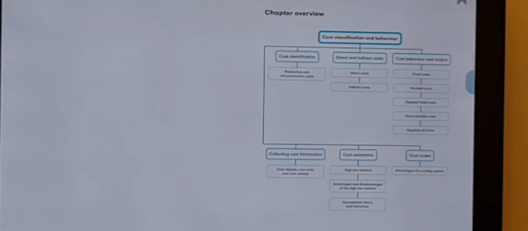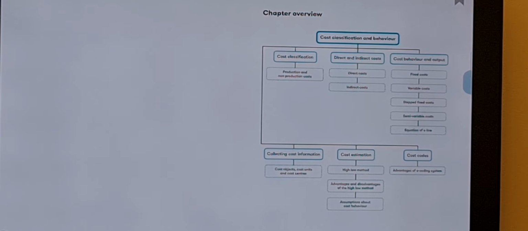Now my organization looks for information for decision making. This information can be generated from different sources, and one of those sources is costing. But from that also you can generate different types of information.